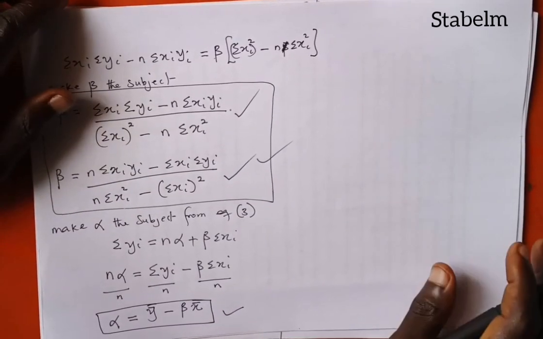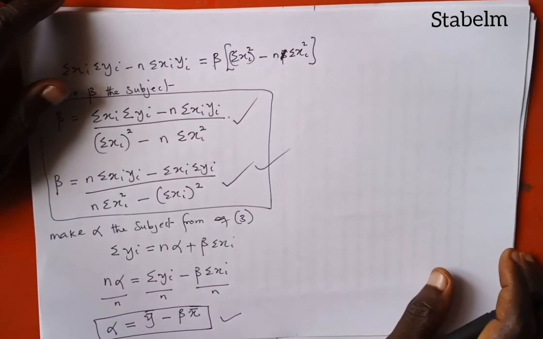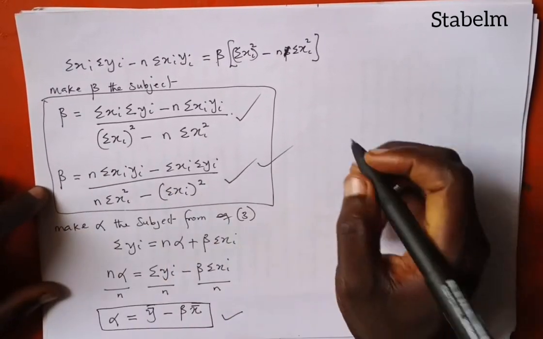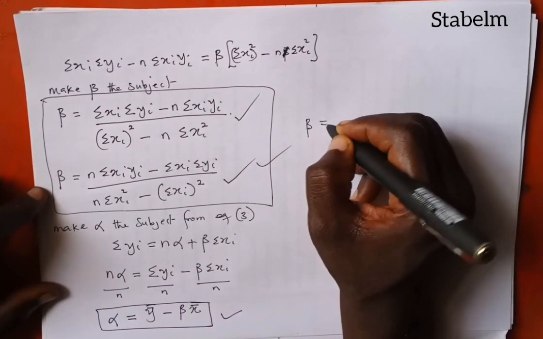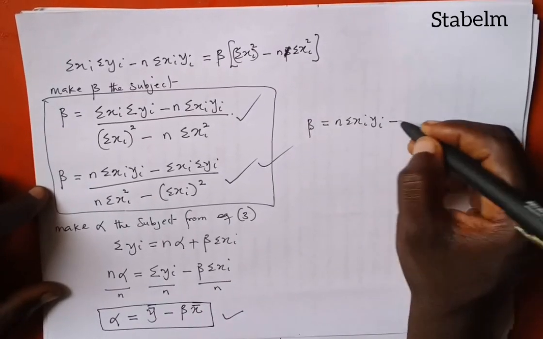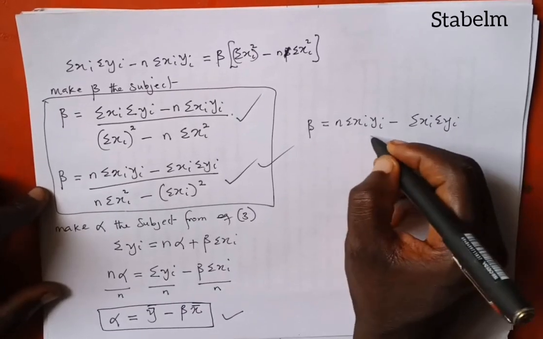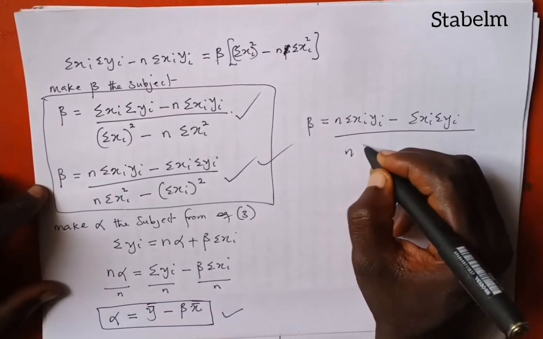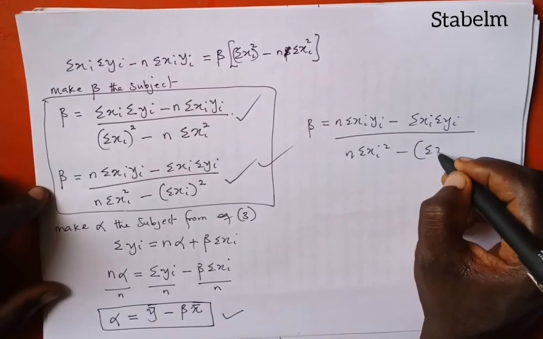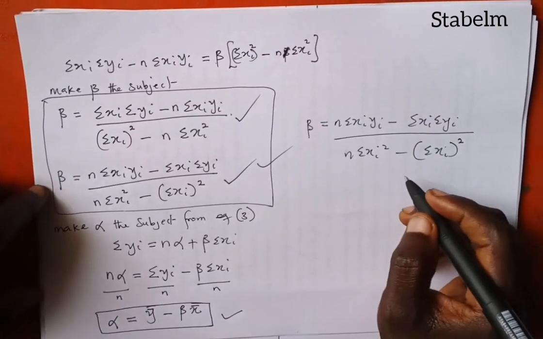Now if you want something more complicated, like here you have beta equals n summation xi yi minus summation xi summation yi divided by n summation xi square minus into bracket summation xi all square.